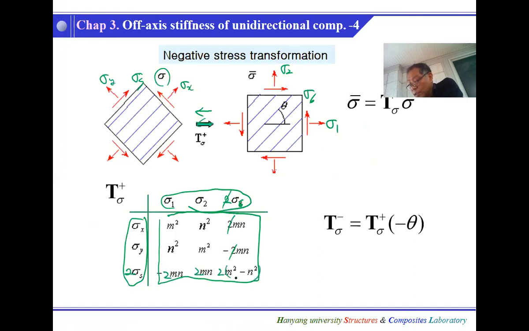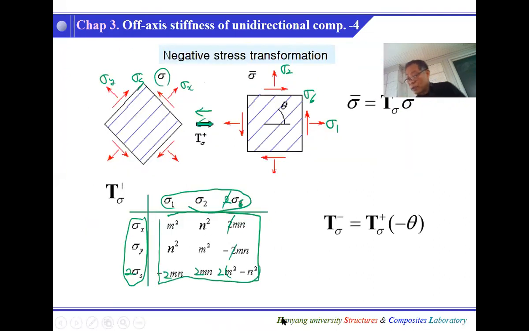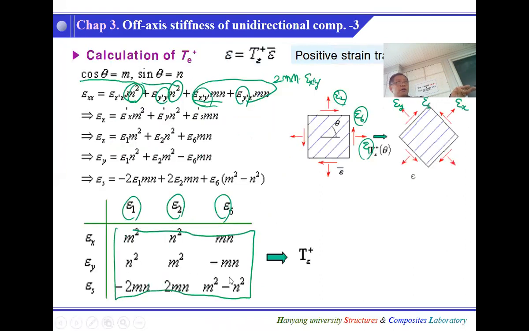This will be the transformation for this. Divide this, so this term will disappear because of this two. So as you can see here, if we have twice the shear strain, shear terms, this transformation will be exactly the same as that one.